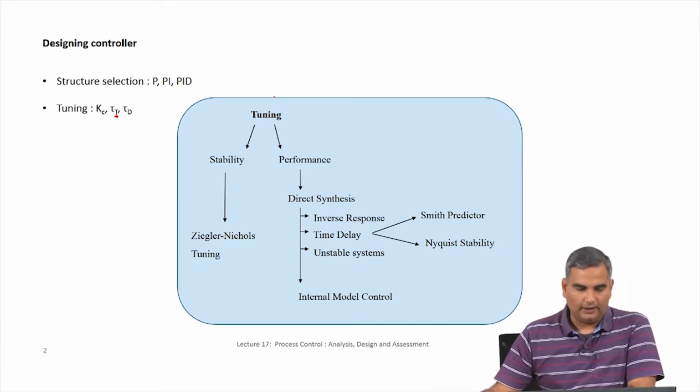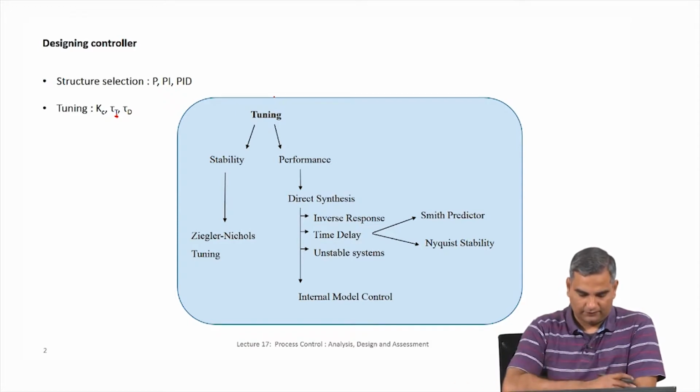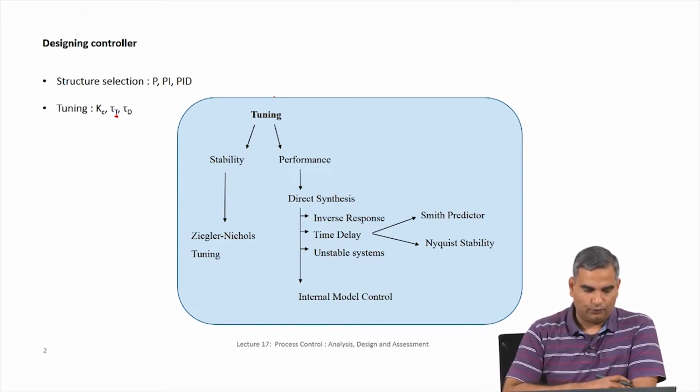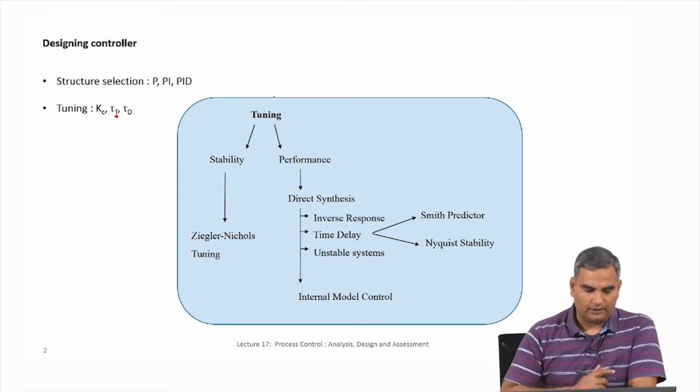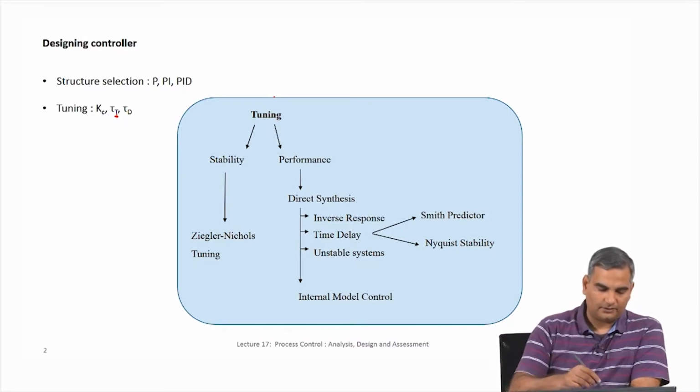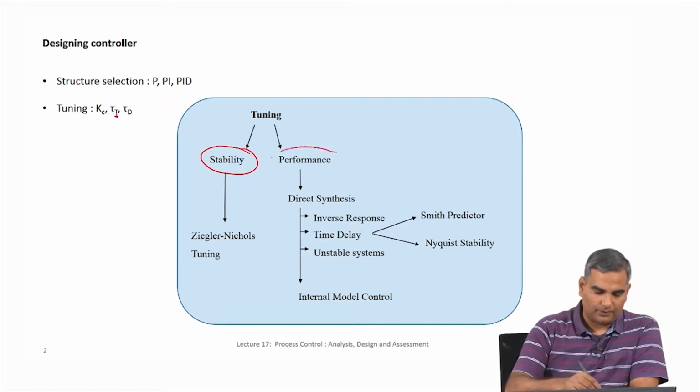Now, tuning really can be done two different ways, which is what I have in this picture here. Once we have chosen whether we are going to use a P controller, PI or a PID controller, then we can look at tuning as either stability based or performance based.